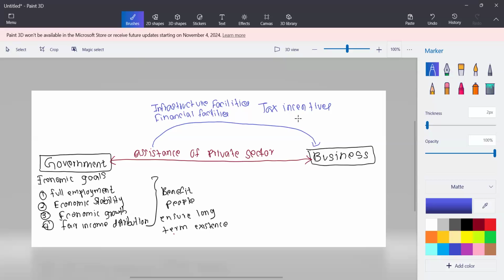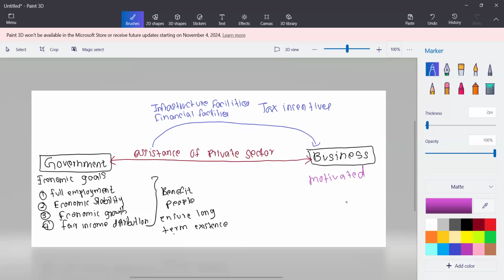Because of the benefits they have, the businesses are getting motivated.